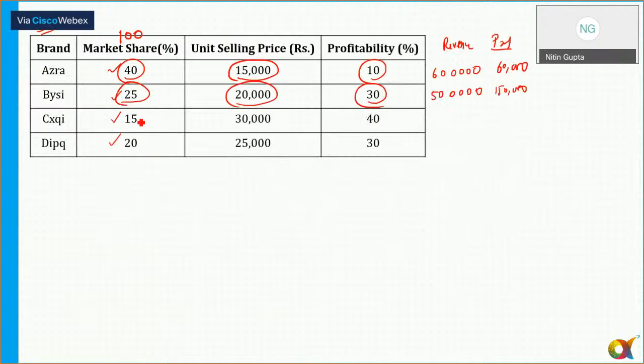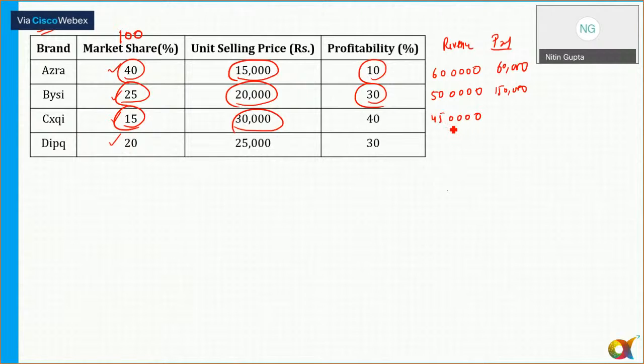Similarly here for C, 15 into 30. Now, there is no need to find the total revenue. It depends, if you want to find it, you can write it down, or you can directly write down the profitability here. So 60,000, 150,000, and 15 into 3 is equal to 45, followed by 4 zeros. And I need to take 40%, which is the profitability on this revenue.